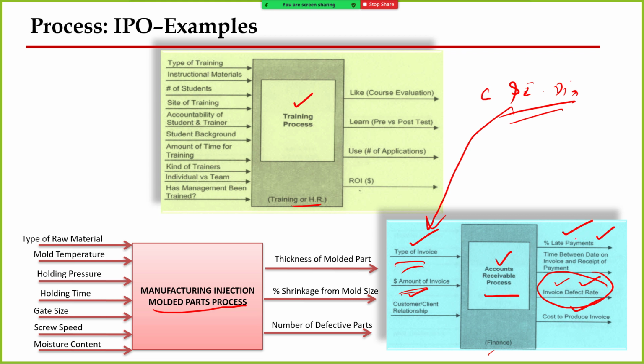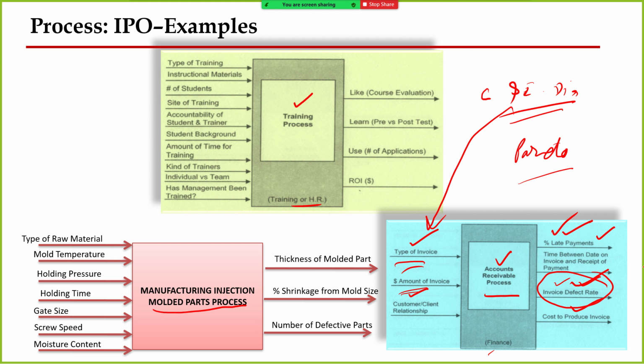Out of these four or five critical to output, how can you pick one? Using the Pareto chart, or Pareto diagram, to prioritize which are creating most of the problem, whether the percentage of late payment is the most critical one because it is creating most of the problems, or whether it is due to the defect rate in the invoices.